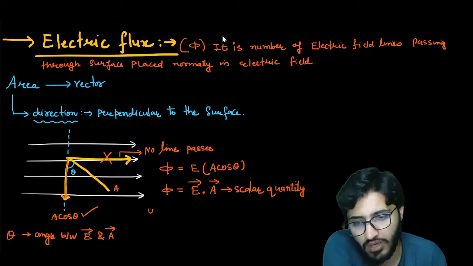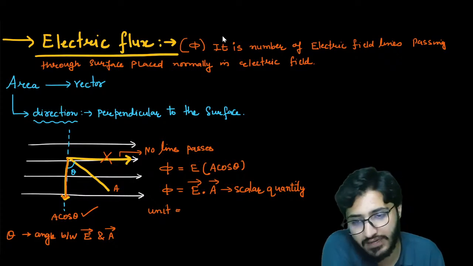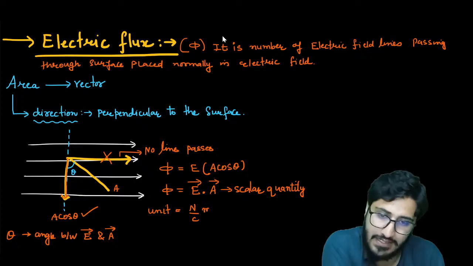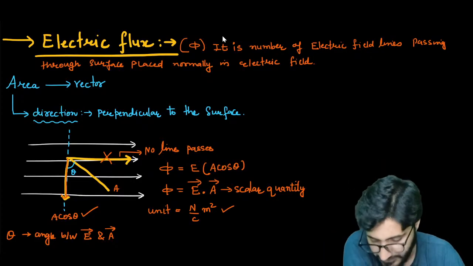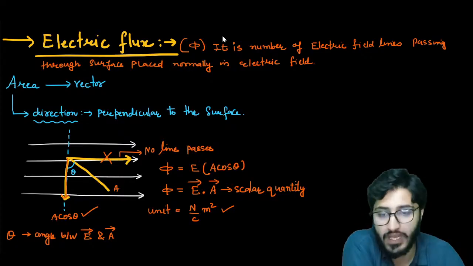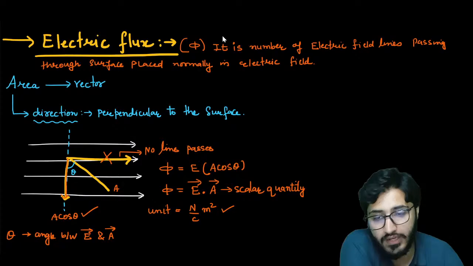Now if we talk about its units, electric field is Newton per coulomb and area is meter square. So I can write Newton meter square per coulomb as the unit of my electric flux.